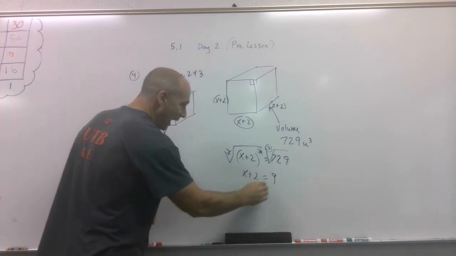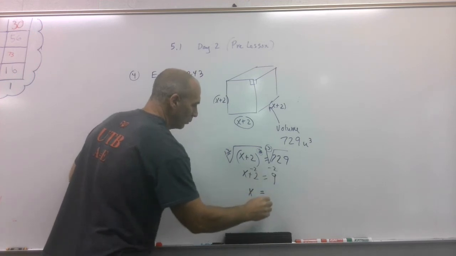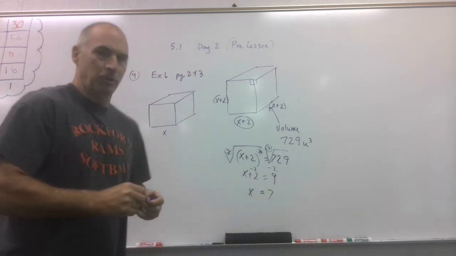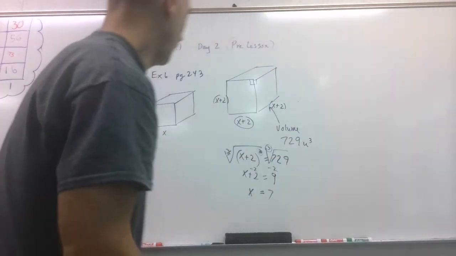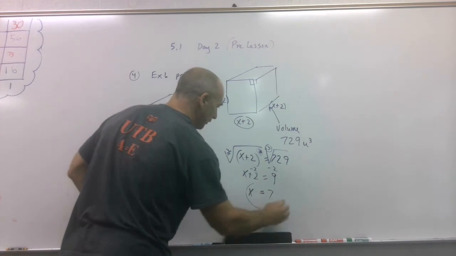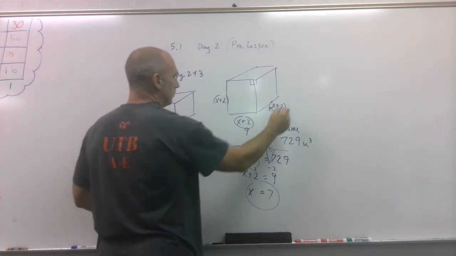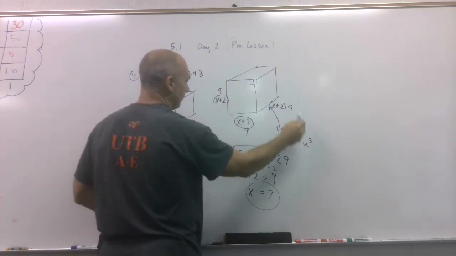So x, if I subtract 2 from both sides, has to equal 7. So pause a second. If I know that x is 7, that means this is 9. We know that. 9 times 9 times 9 is 729.